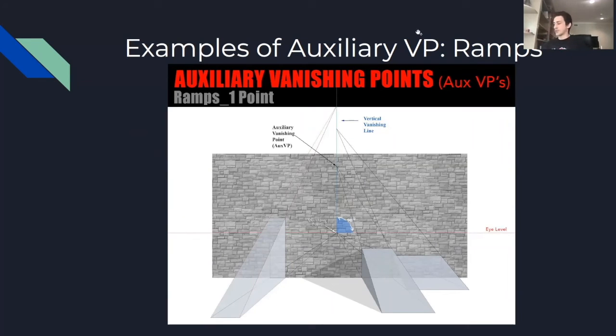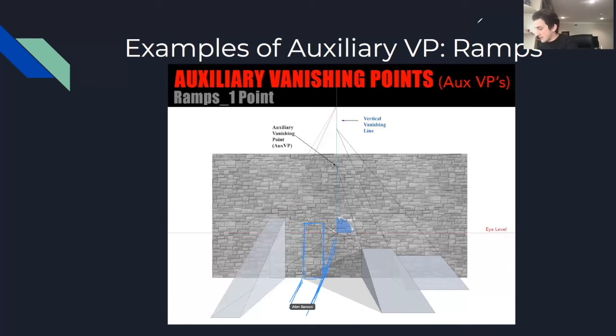Next slide, please. Now, for this example of auxiliary vanishing points, here we have a 1-point perspective showing these ramps up to the wall. The idea in this technique is that, say you're trying to make a box as usual, and each oblique line goes with the vanishing point.